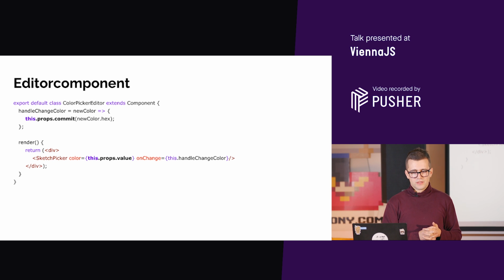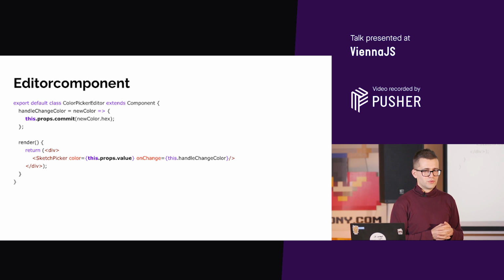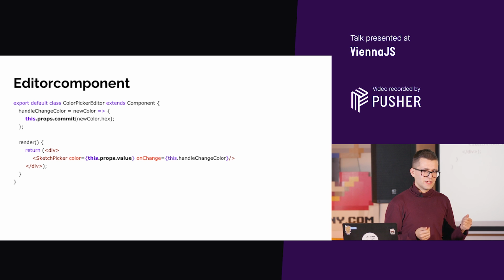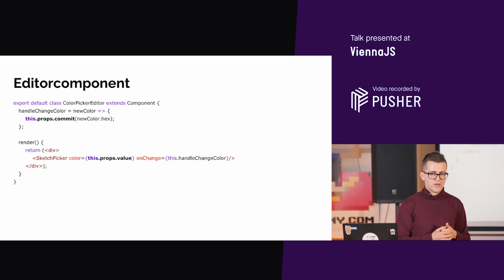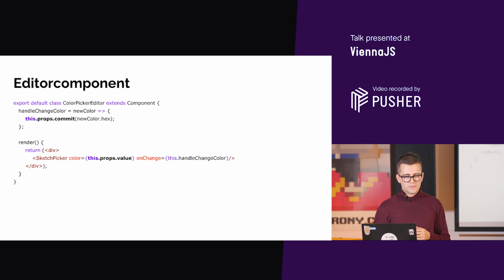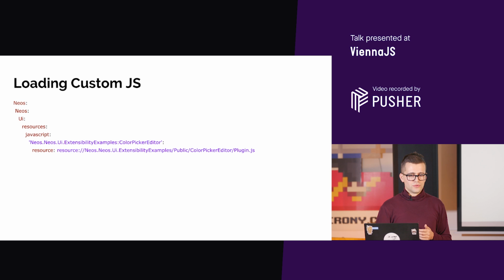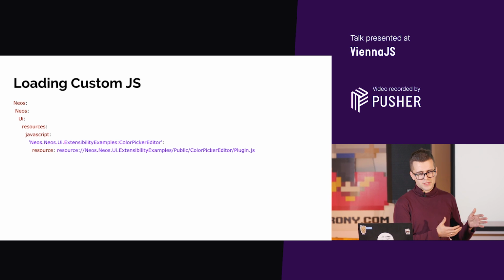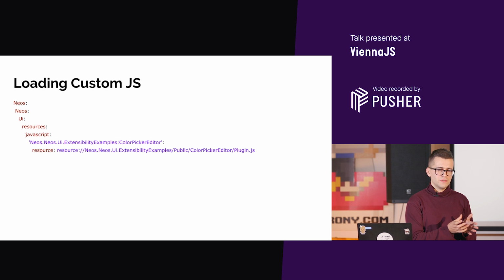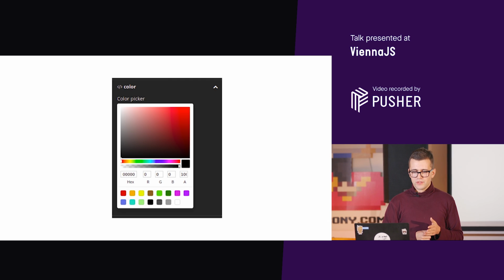We are using a third-party React component to do the actual color picking. That's quite nice when you have access to the whole React ecosystem, that you can reuse any component you like in your plugins. So that's basically it. You hit yarn build. You configure Neos to load this extra plugin.js file, and you have a working color picker.